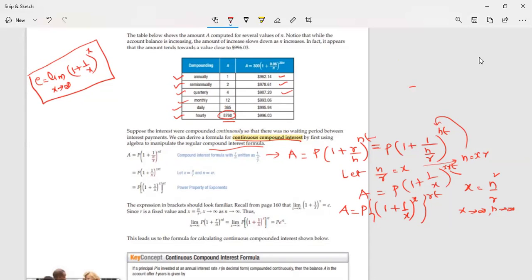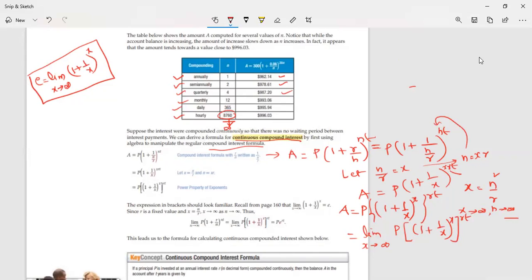N is tending to infinity because the compounding is continuous, meaning N keeps increasing; we can find it hourly, per minute, per second. So we can take the limit as X tends to infinity of P into 1 plus 1 by X raised to power X, to the power RT.